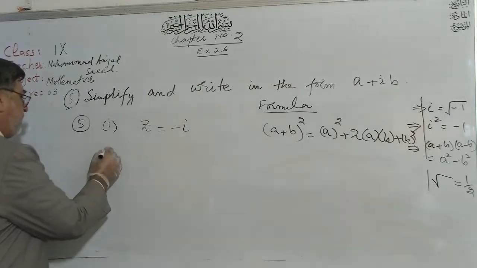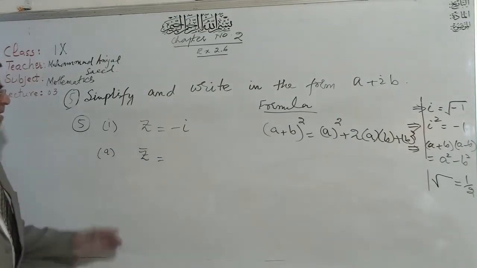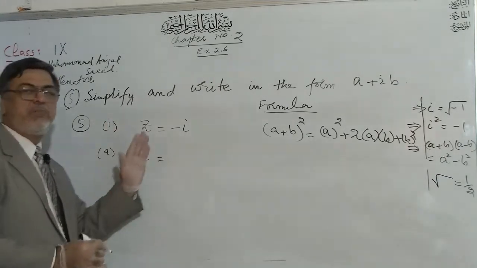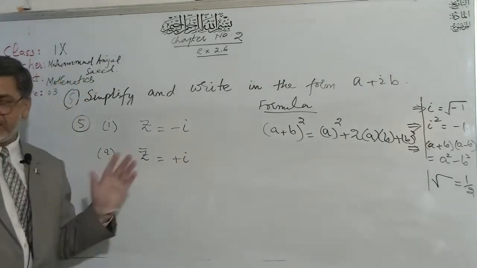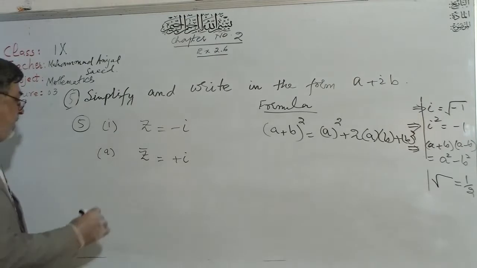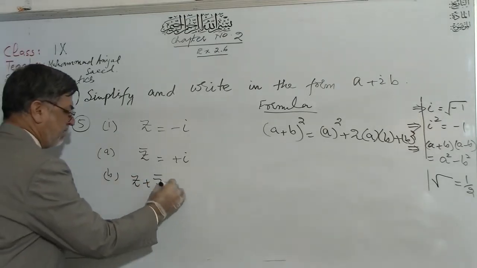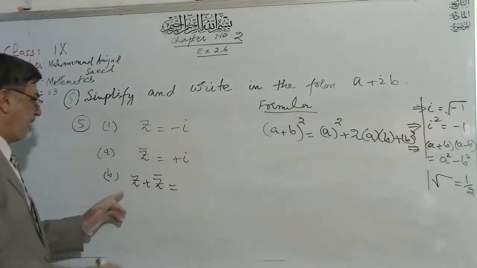You have in part A to find z bar. Conjugate of a complex number means simply change the sign before iota, it will be plus iota. That is your answer for the first A part. Then B, z plus z bar. Use the values of z. What is z? Minus iota.